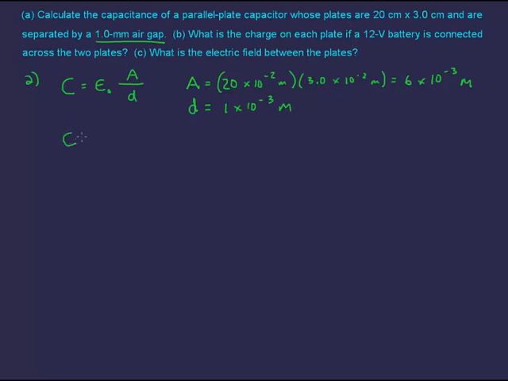Alright, so let's plug them in. We got C is epsilon naught, 8.85 times 10 to the negative 12, unit stuff. I'm skipping it.